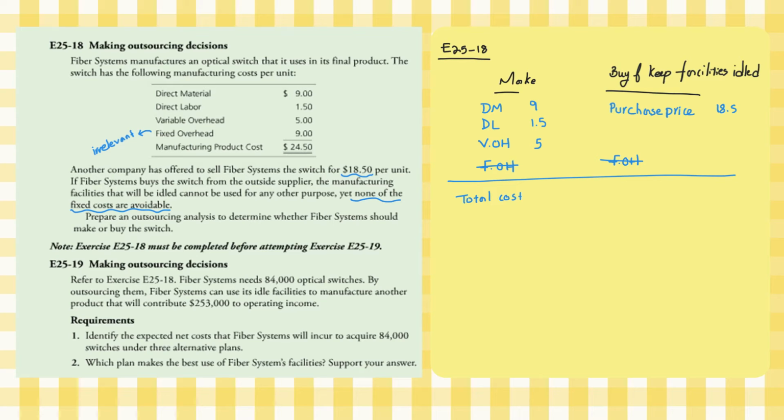If I make, I'm gonna pay 15.5, and if I'm gonna buy, I'm gonna pay 18.5. So which is better, to pay 18.5 or 15.5? The cheaper, it's 15.5. So the decision here will be to make the switch.